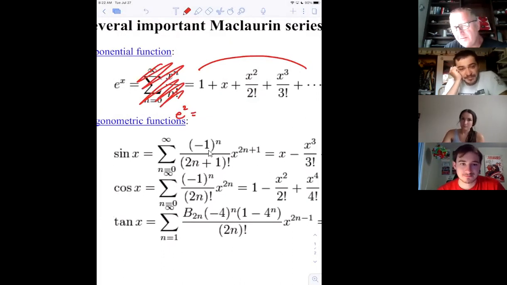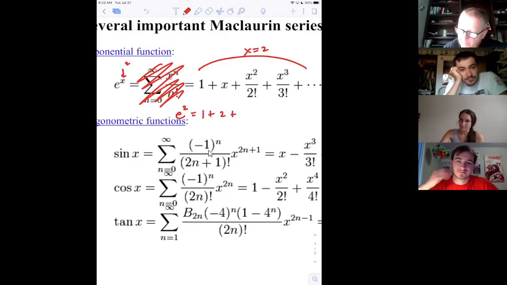That symbolism should make sense, but you probably still have a little bit of a knee-jerk freak out reaction when you look at that. But this is really saying what's e squared? Well, notice I just picked x to be 2. So everywhere over here I see a 2 or an x, I'm just going to put a 2. So in other words, this is actually equal to 1 plus 2 plus 2 squared, which is 4, over 2. What's that symbol mean, Math 253 people?